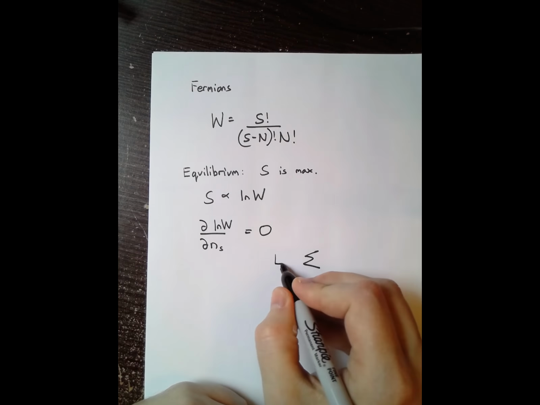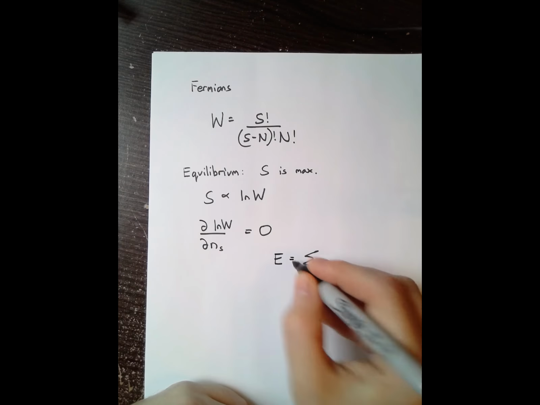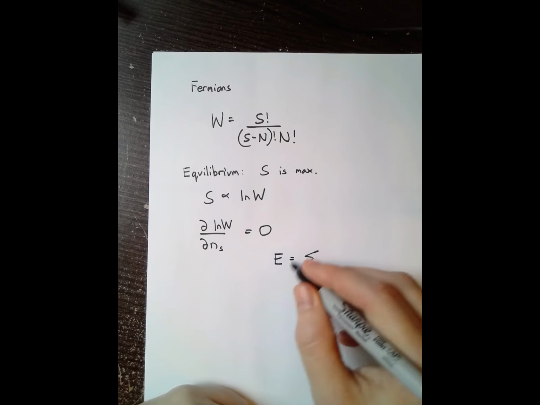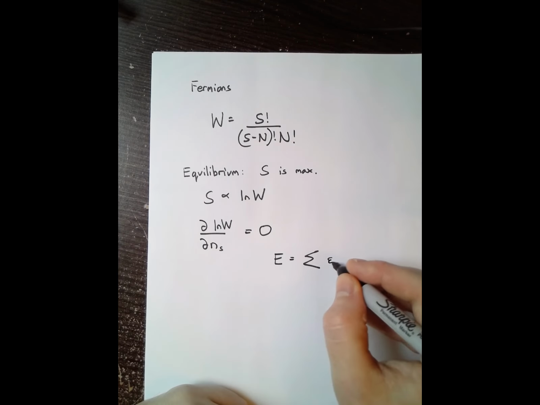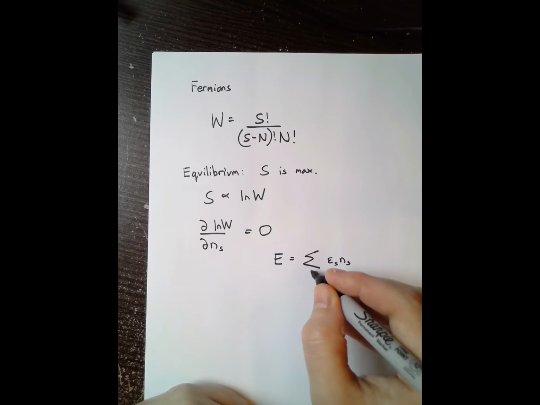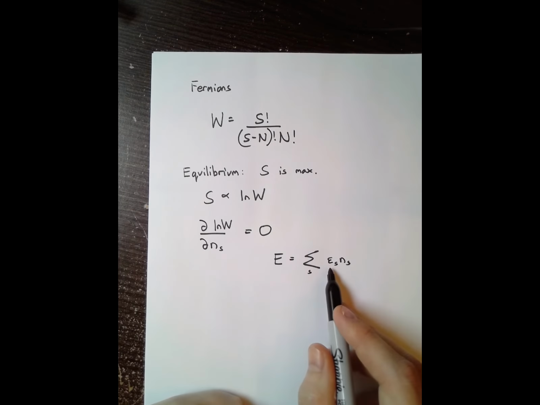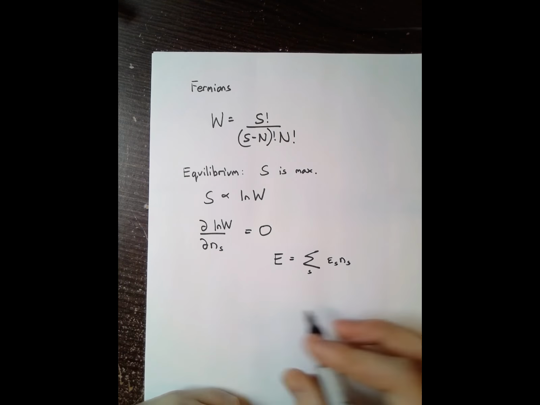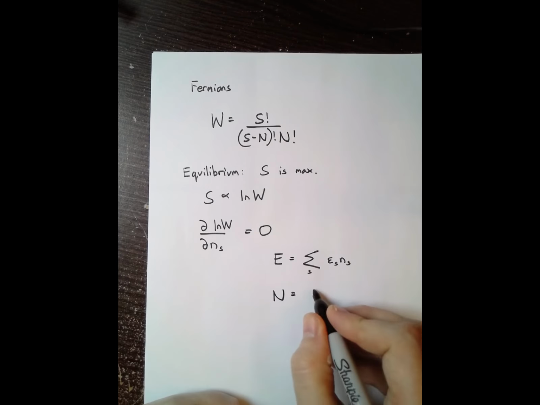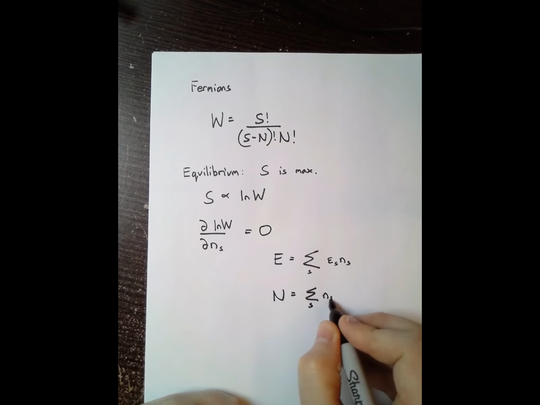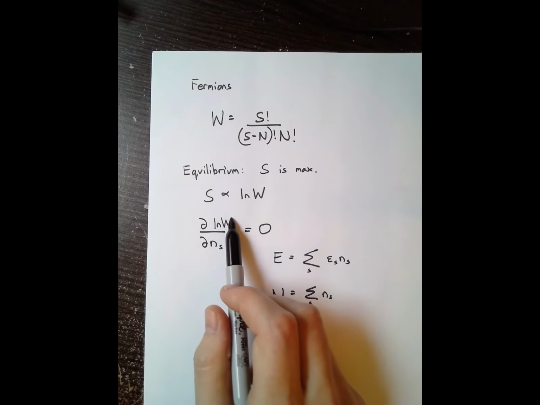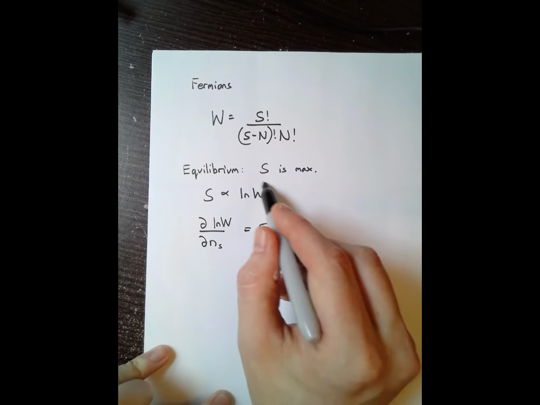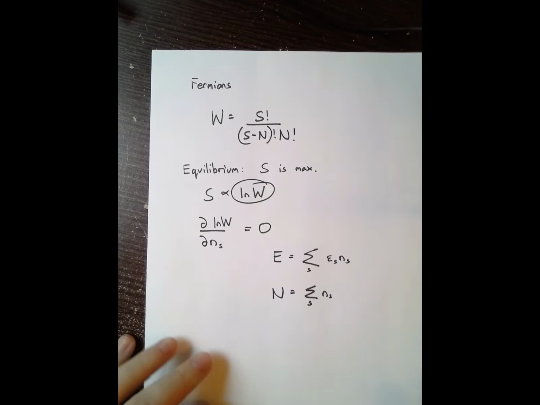So you need to take into account the fact that the energy is given by the sum over the states of the energy of each state times the occupation of each state, and the number of particles. And for a given energy and number of particles, this function is maximized.